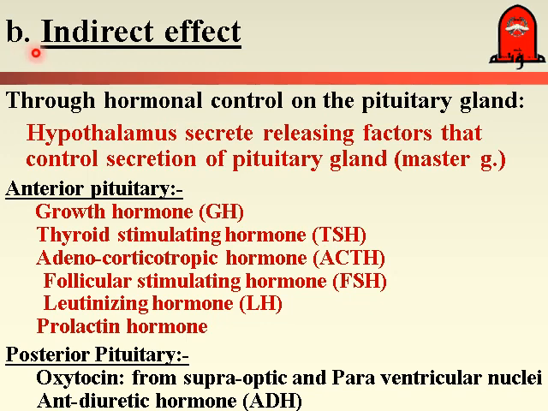The other pathway that occurs from the hypothalamus to control the body activity is the indirect pathway. As we said, this is called the humoral or hormonal factor. This occurs because the hypothalamus secretes certain substances which are called releasing factors.